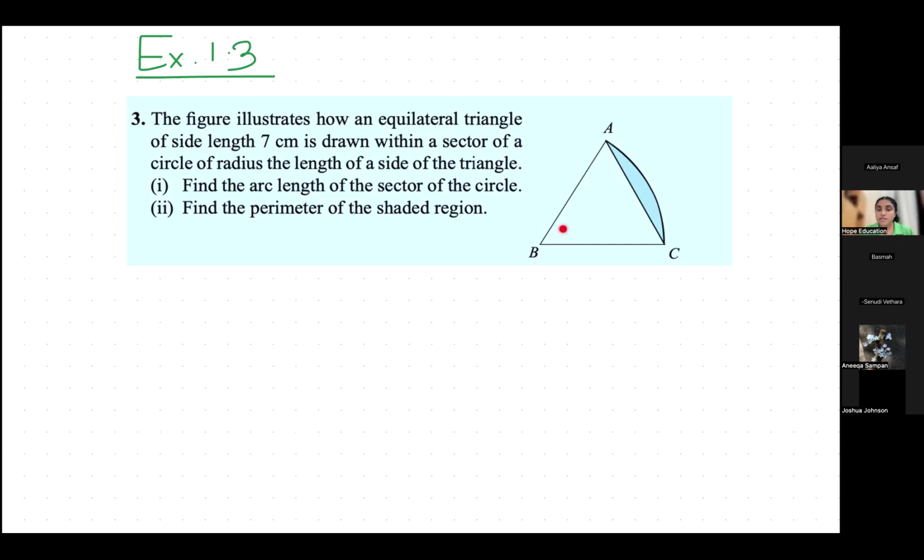Here we have a sector. This is the sector. In addition to the sector, we also have a triangle. See?